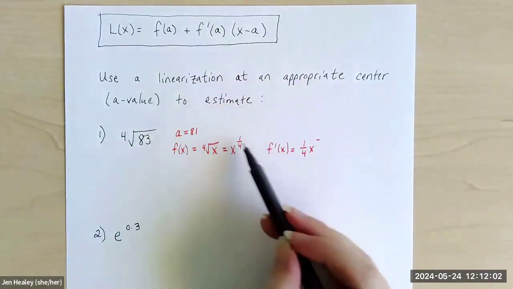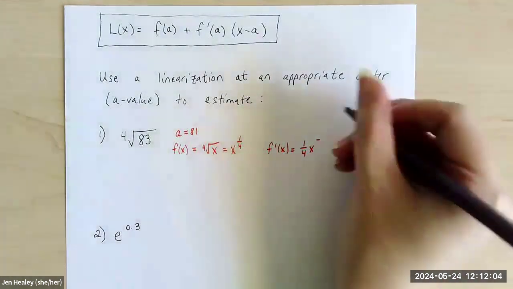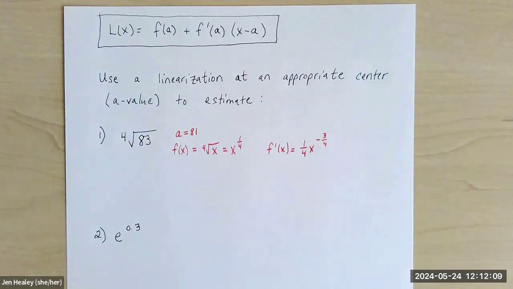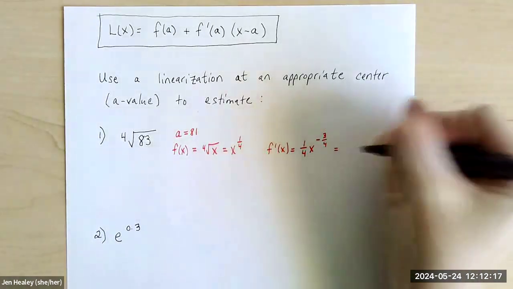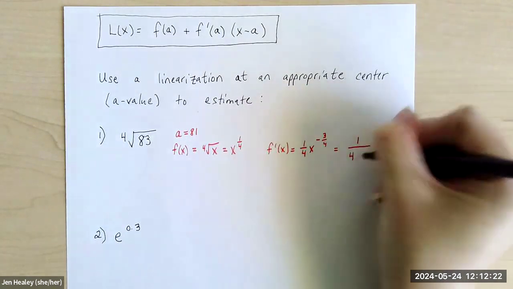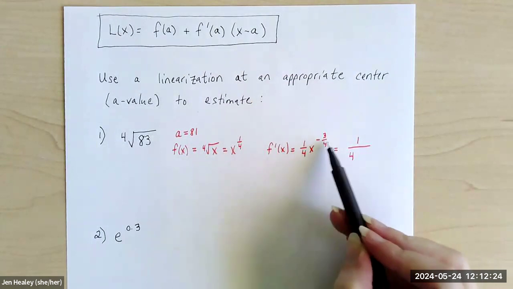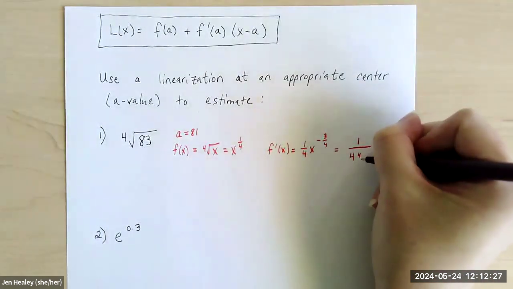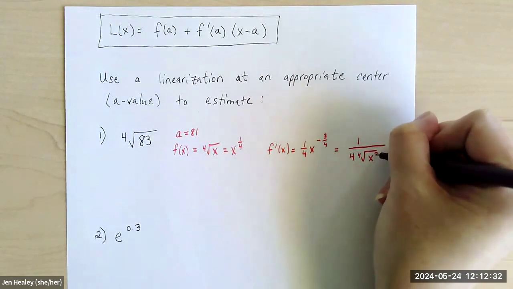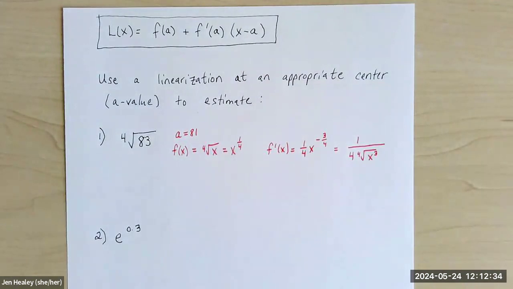And if you have 1/4 and you have to subtract 4/4 from it, you'll have -3/4. So that would be something cubed. So we could write that as 1/4 times the denominator is the root. So this is still a fourth root of x cubed. Is a way you could write that to do your calculations. Which would be 83 cubed.